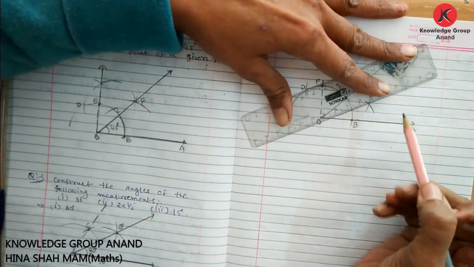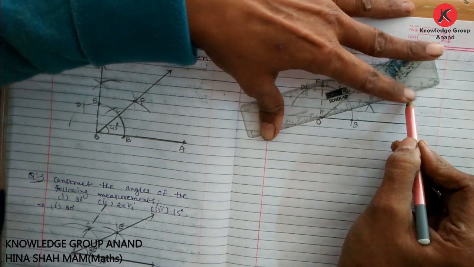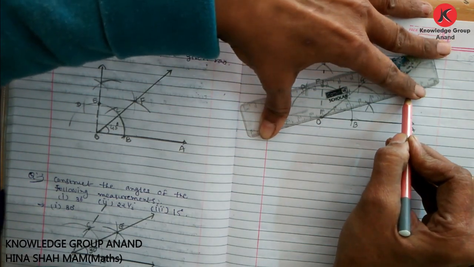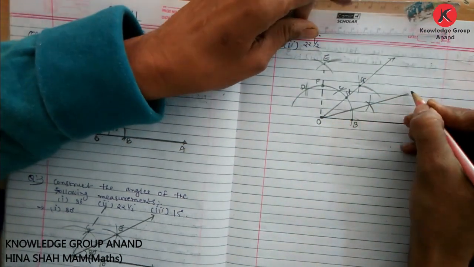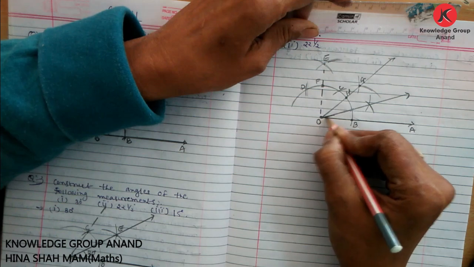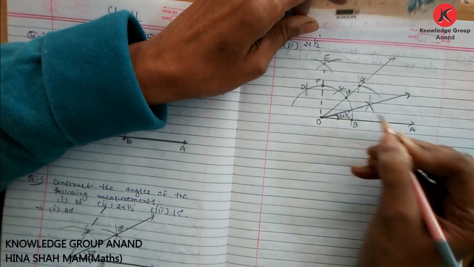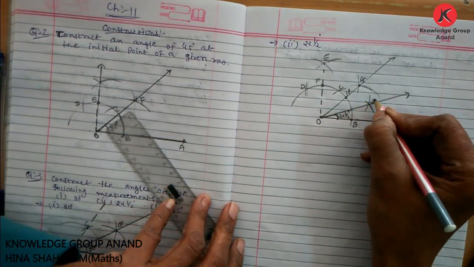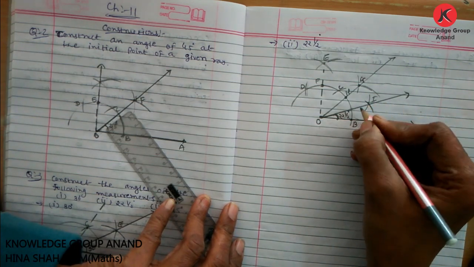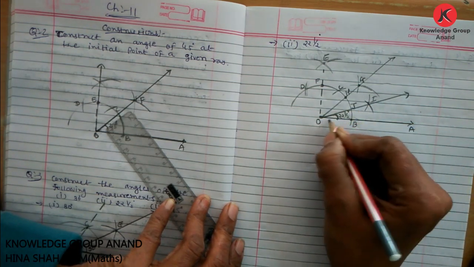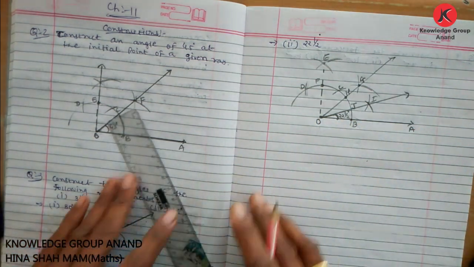It is an angle of half of 45, which is 22 and a half. This angle is equal to 22 and a half degrees. Angle JOA or JOB is equal to 45 degrees.